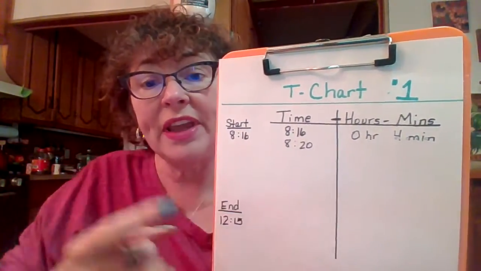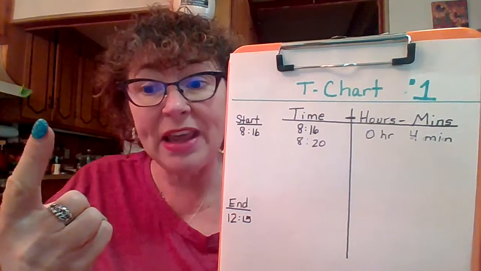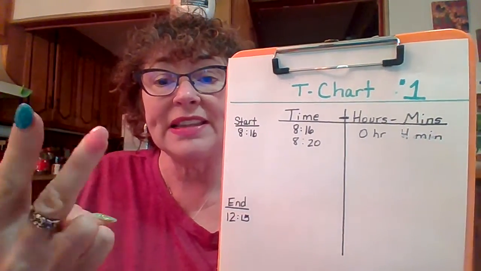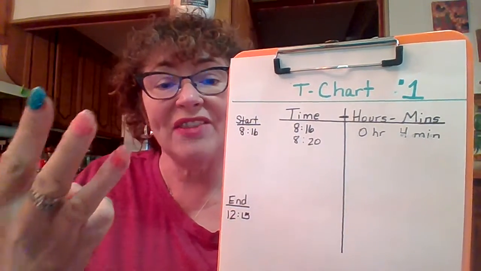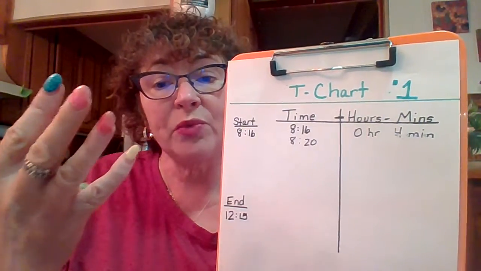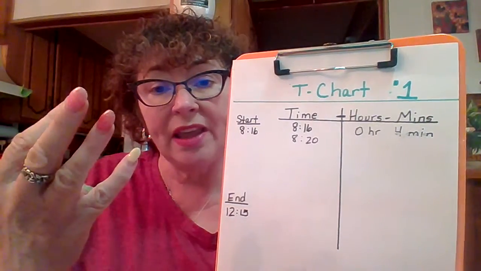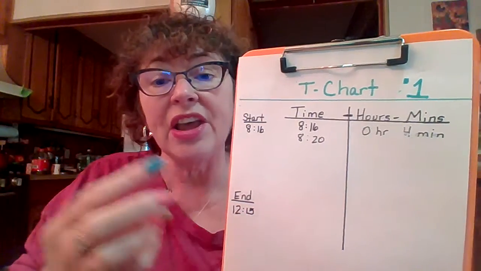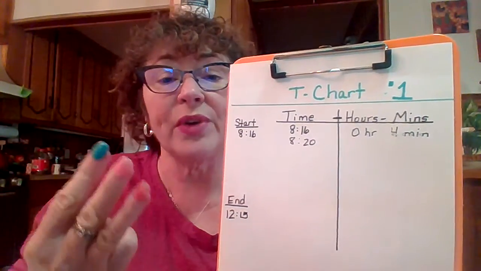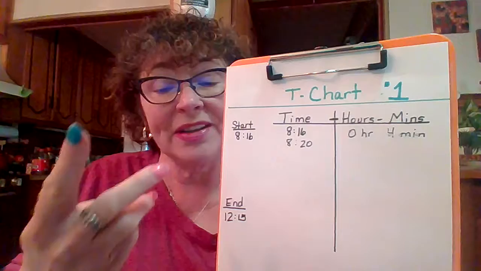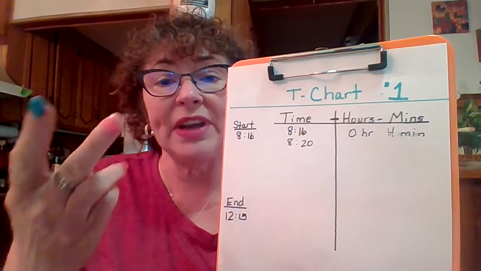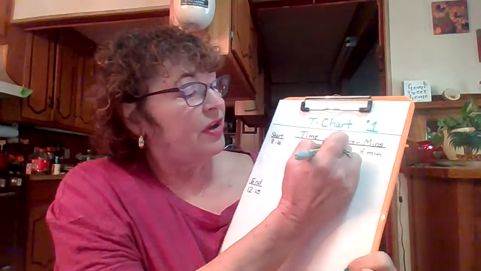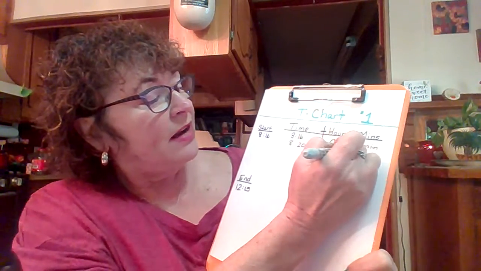If we add 60 minutes, which is 1 hour, we have 9:20, 10:20, 11:20, and the next one would be 12:20. But that goes past 12:15, so I can only do 3 hours. So that's 3 hours that I'm going to add.